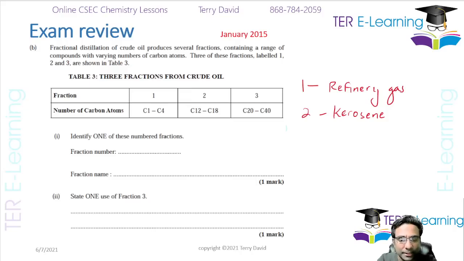If you had put jet fuel, heating fuel, diesel, or paraffin oil, you would have been given a mark. And the third fraction, C20 to C14, we're going to call bitumen.